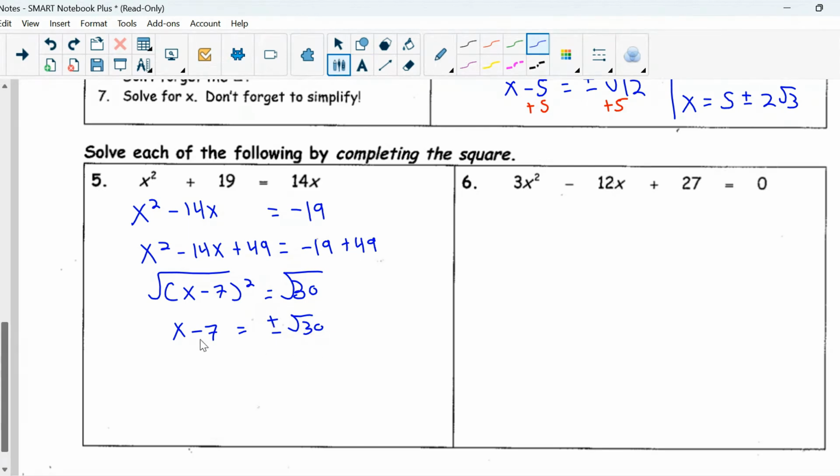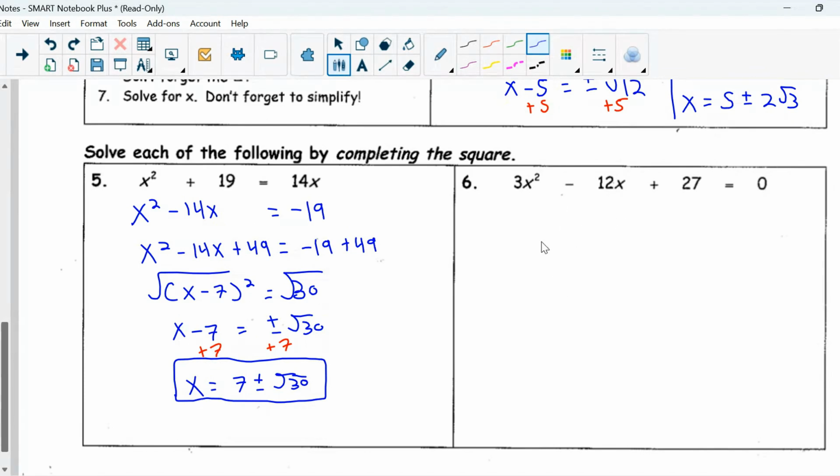So all that's left is to add 7 to both sides, which leaves me with x equals 7 plus or minus the square root of 30. Okay, I know I went through that process pretty quickly. It's just so you guys can see what happens when your trinomial isn't in standard form when you are starting.